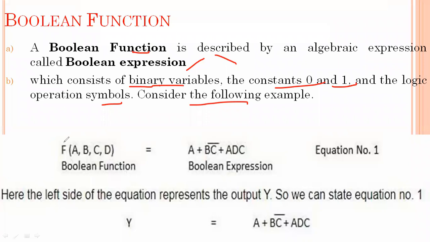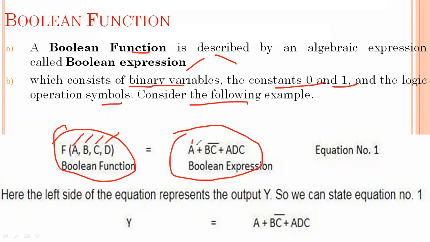Consider the following example: the Boolean function f equal to a, b, c, d. It first of all tells us how many variables should be used in it. Then the Boolean expression is a OR operation, then AND operation b, c with negation, plus a, d and c. This is the Boolean expression. Here the left side of the equation represents the output y, in which we will get the results.